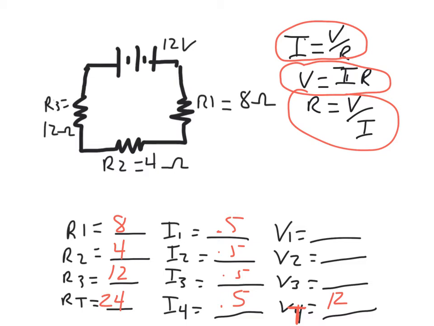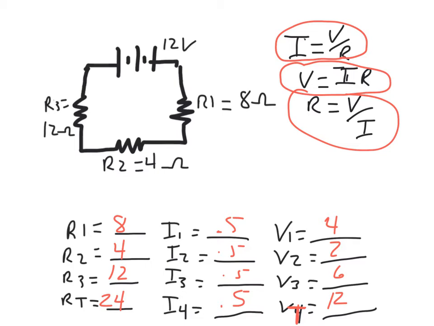Now that I have my resistance and my current, I can do voltage equals current times resistance, and I'll get my answers. If I want to check myself, I can look at my voltage, which is additive. 4 plus 2 plus 6 would equal the 12.